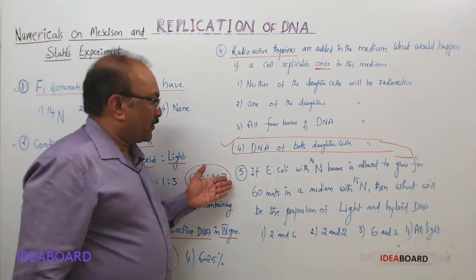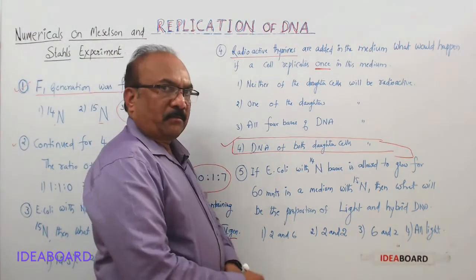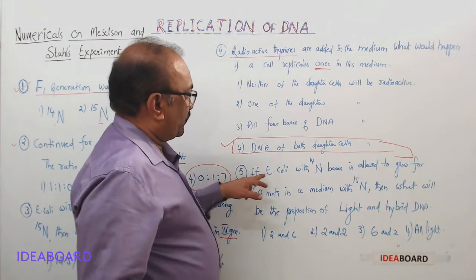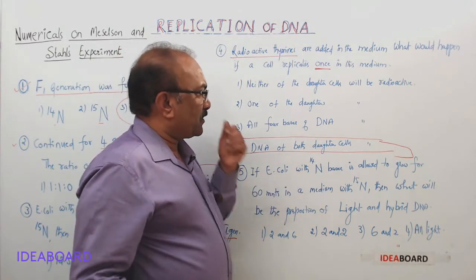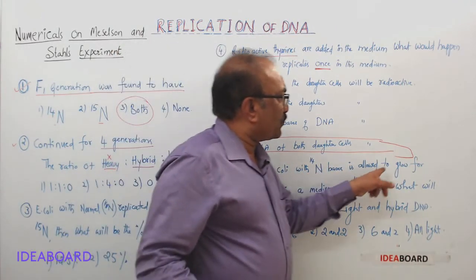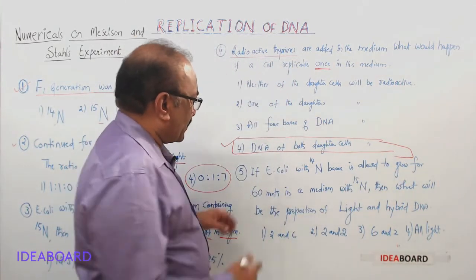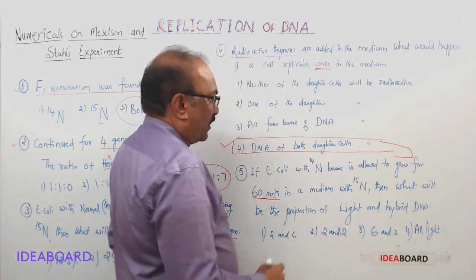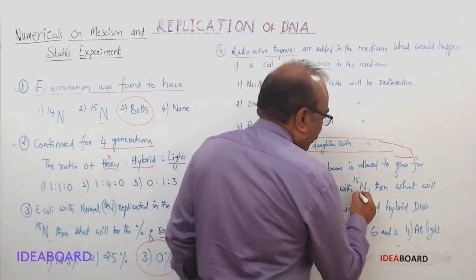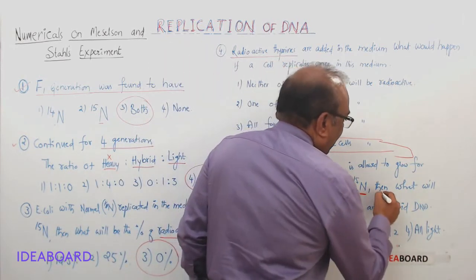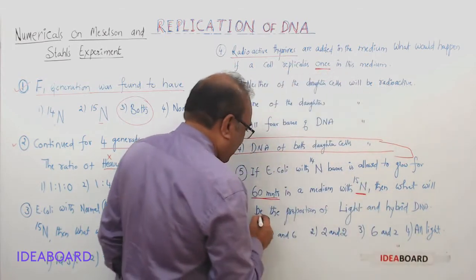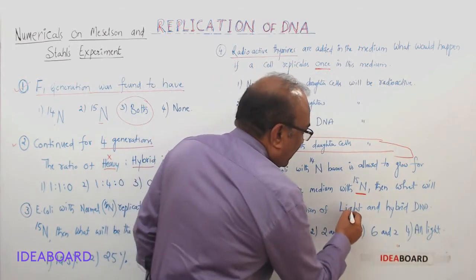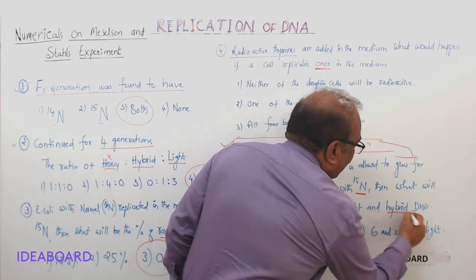Now another simple problem. If E. coli with N14 bases is allowed to grow for 60 minutes in a medium with N15, then what will be the proportion of light and hybrid DNA?